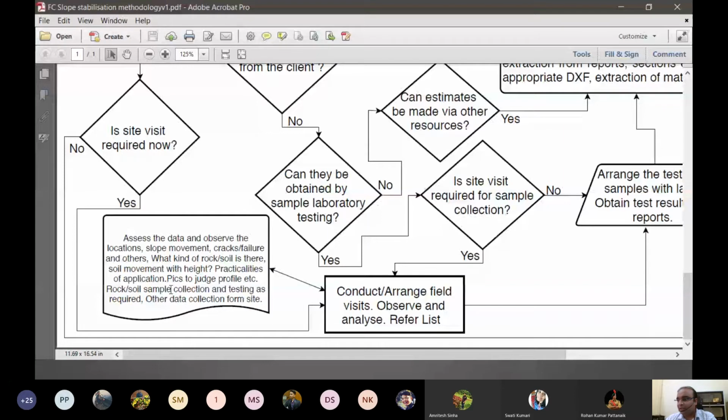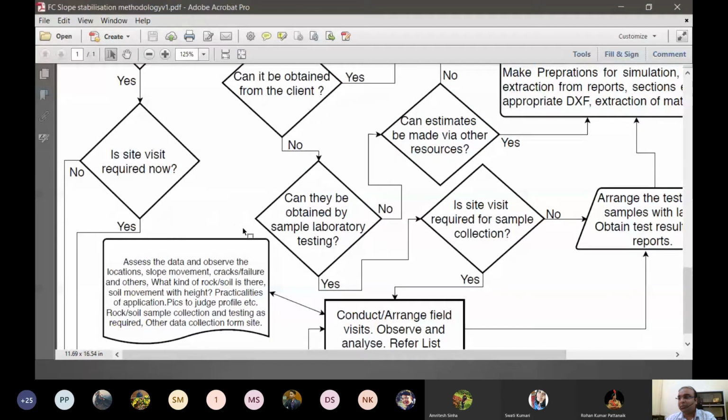Rock and soil sample collection, if we can collect the samples. Any other data that can be collected from the site, because site offices have a lot of data, but they are very lethargic about finding it. So when you visit the site, you can press those people to find the data that is required. So that is the field visit.